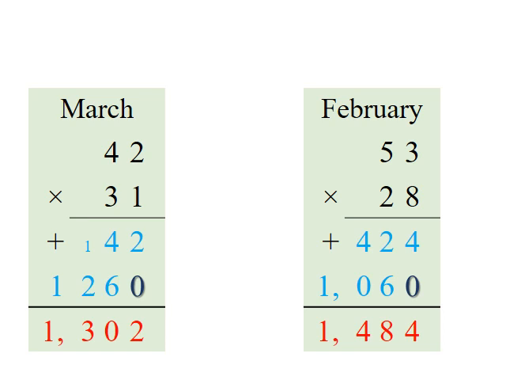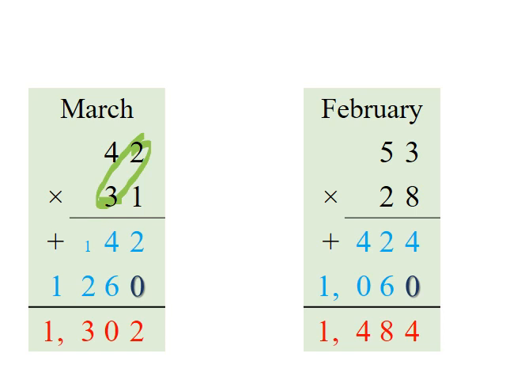Let's start with March. March is 42 times 31. I start with the ones. 1 times 2 equals 2. Then 1 times 4 equals 4. There is no regrouping. Now, 3 tens times 2 equals 6 tens. 6 tens means 60.